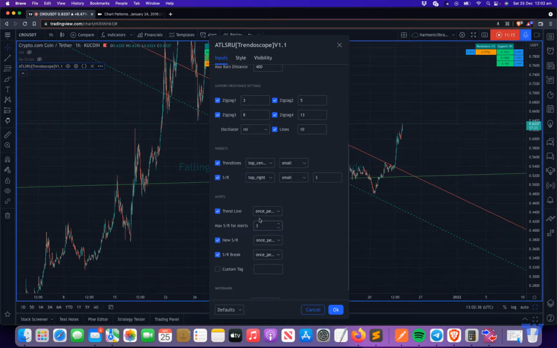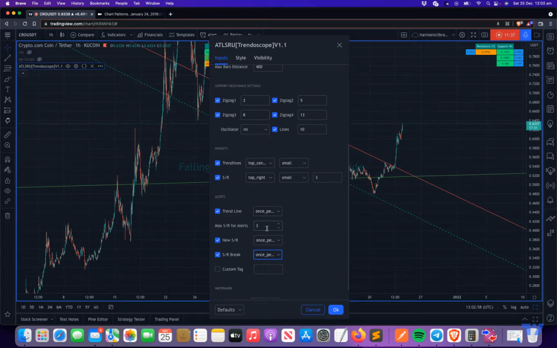And new support resistance: whenever a new support resistance is created, it will send an alert. And SR break: whenever the support resistance is broken, you will get an alert if you enable this. So you can choose which one you want to get alerts for, and enable or disable whatever you need.